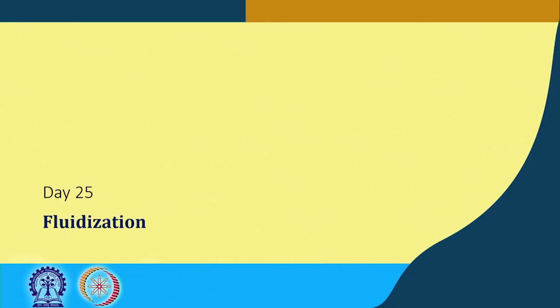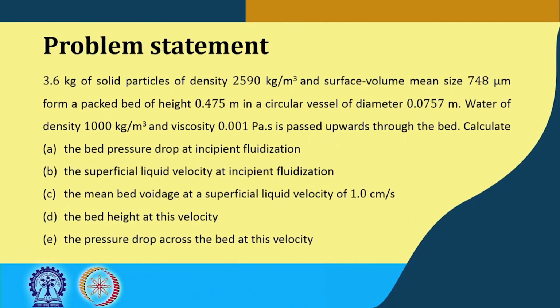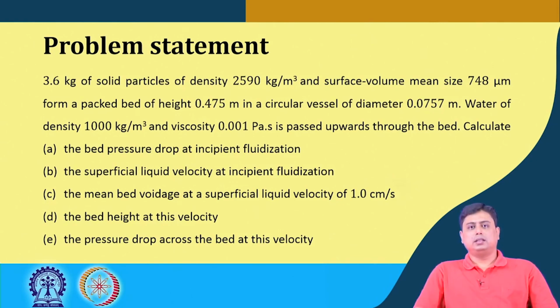So, we start with a problem which says that 3.6 kg of solid particles of density 2590 kg per meter cube and surface volume mean size of 748 micron form a packed bed of height 0.475 meter in a circular vessel of diameter 0.0757 meter.